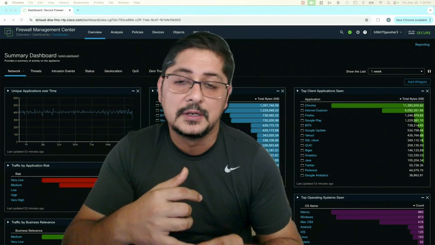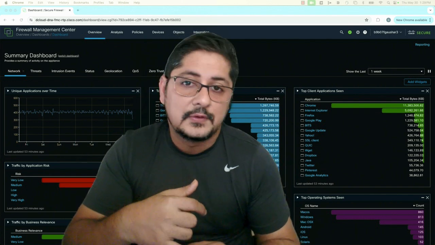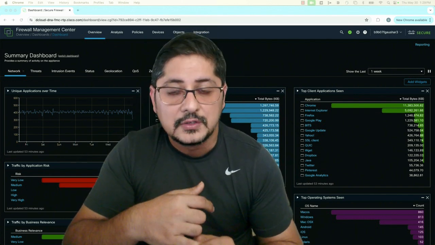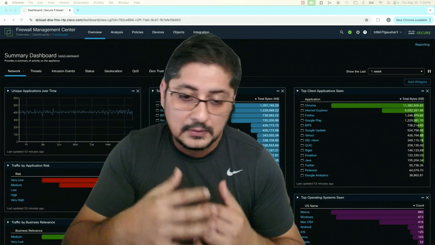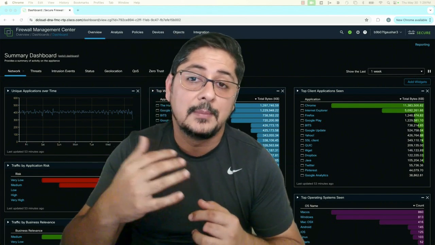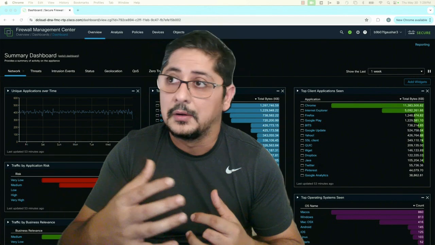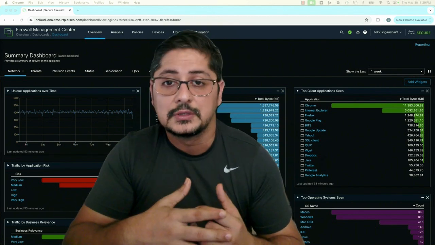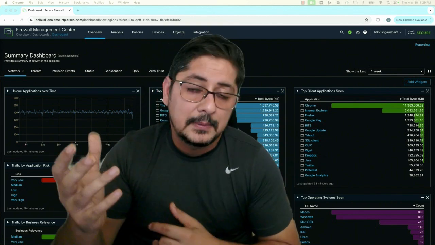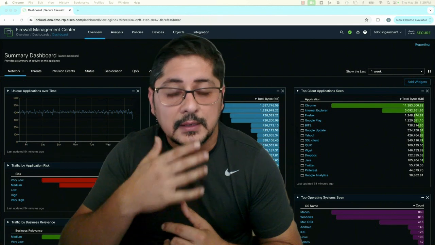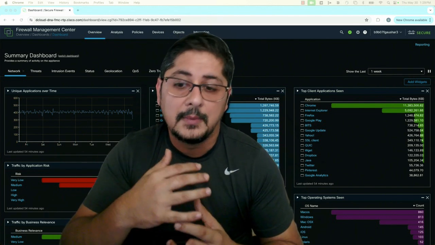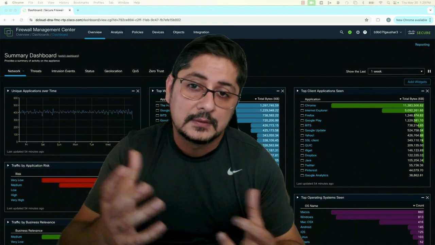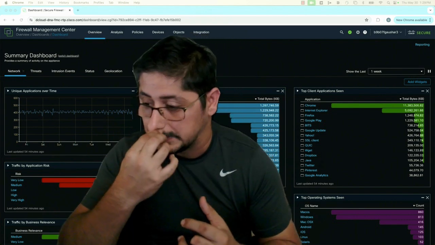You want to be able to understand where the traffic is coming from, from a geolocation standpoint. What are the URLs that my internal users are accessing? What are the top applications that are being accessed by the users? Or what are the operating systems in my environment, so that I'm aware of what devices are vulnerable and what policies I need to put around that.